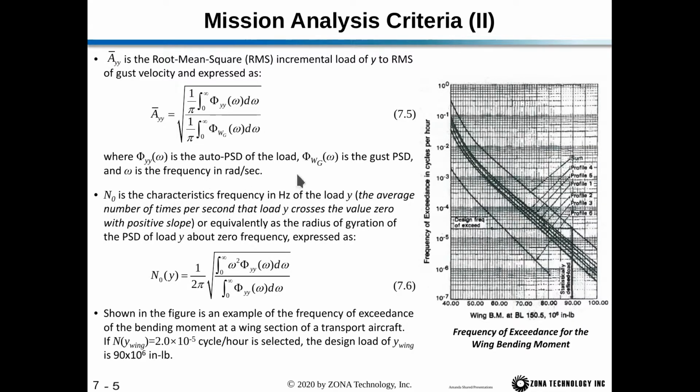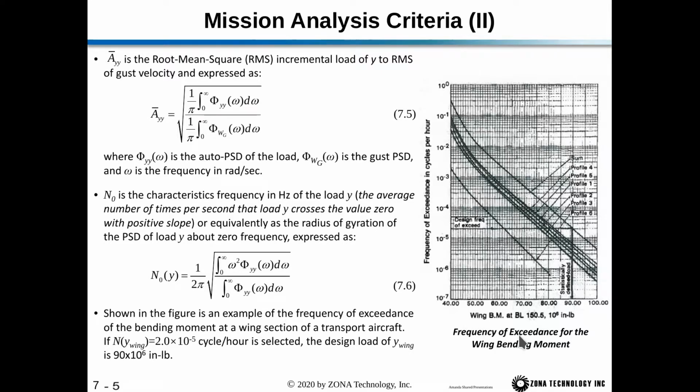N naught is the characteristic frequency in hertz of the load y, which is the average number of times per second that the load y crosses the value 0 with positive slope, or equivalently the radius of gyration of the PSD of load y about 0 frequency, expressed here in equation 7.6.